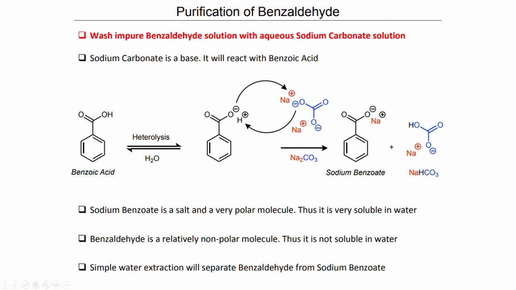So we don't want benzoic acid in our benzaldehyde. We want to use pure benzaldehyde for the future experiments. So what we need to do is remove this benzoic acid so that all we're left with is benzaldehyde.